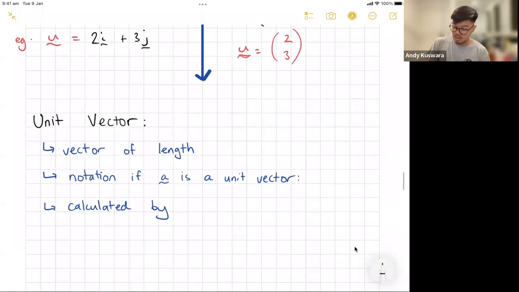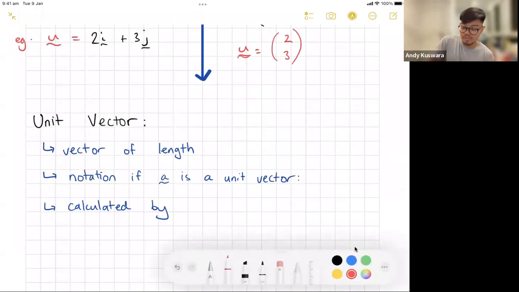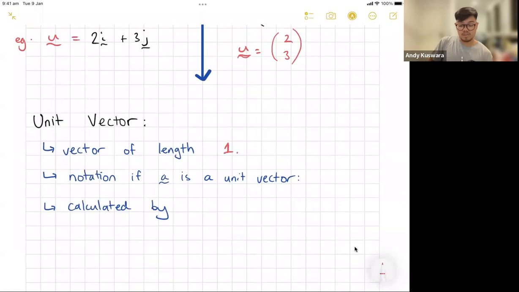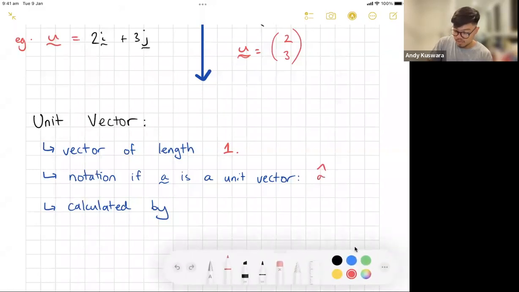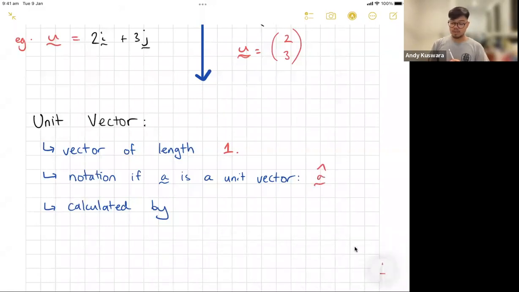Now, there's a couple things about this. If I'm talking about a unit vector, it just means it's a vector of length 1. It's a vector, but 1 unit of it. So the notation, if a is a unit vector, is it looks like a vector, but it's got a little hat. I'm not very good at these little squiggles, but that'll do. So if a is your vector, to make it a unit vector, we put the little hat on top.